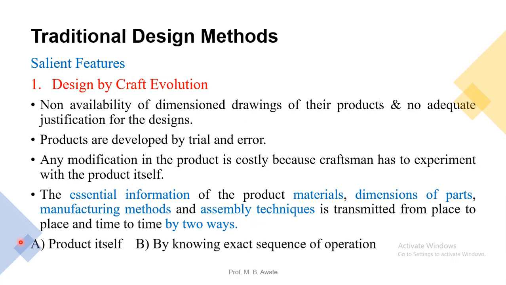First, the product itself, which is the main source of information, and second, by knowing the exact sequence of operations by which the product is manufactured. So there is no record for this particular product. There are only two keys for transmitting the essential information: the product itself, and knowing the exact sequence of operations.